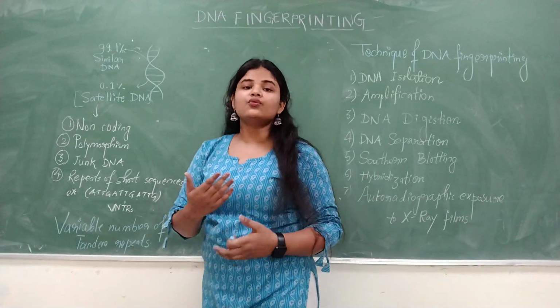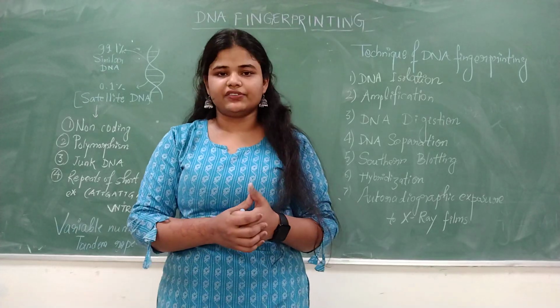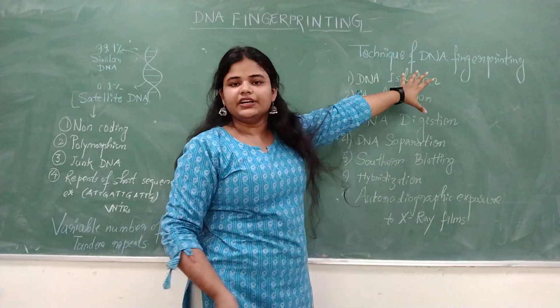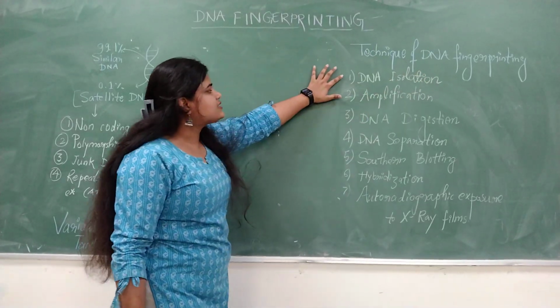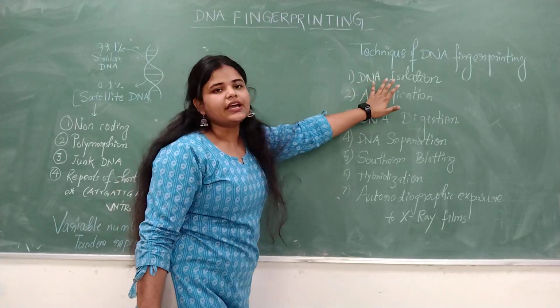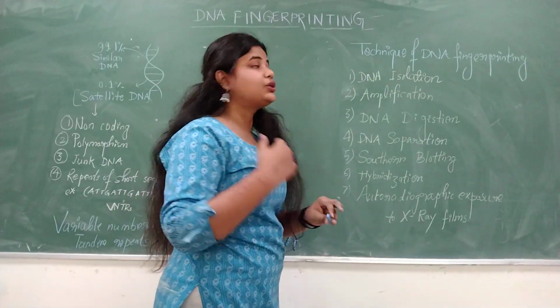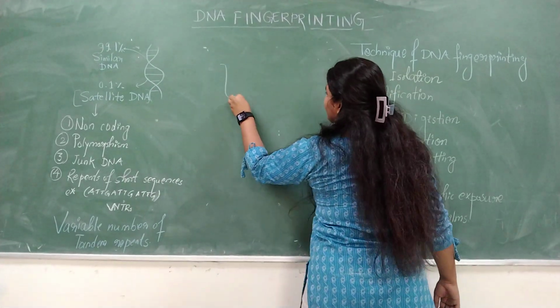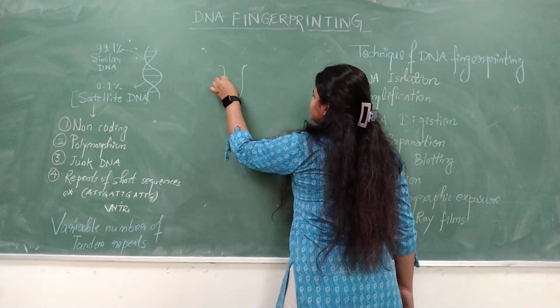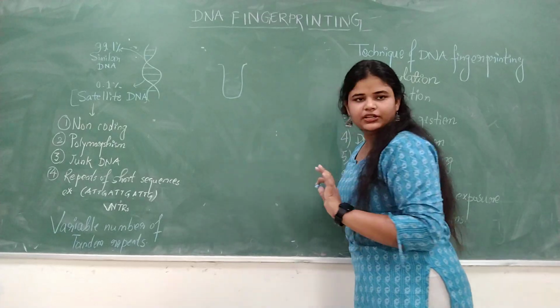But how do we do the process of DNA fingerprinting? Let's look at the technique. First, we will isolate the DNA. How will we do that? We will take a test tube with a sucrose solution in it.